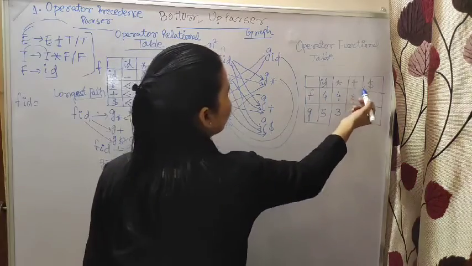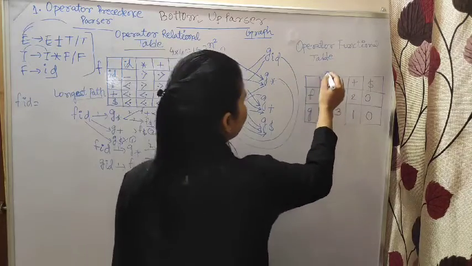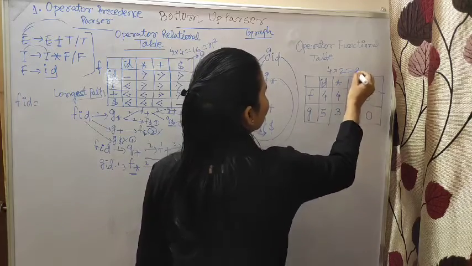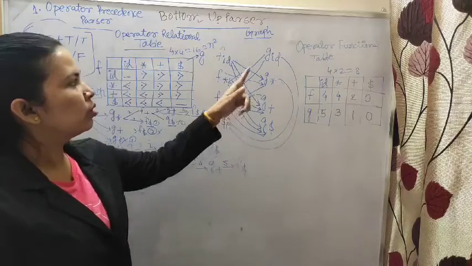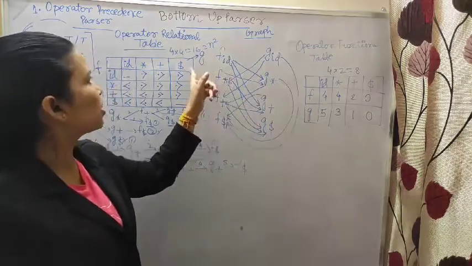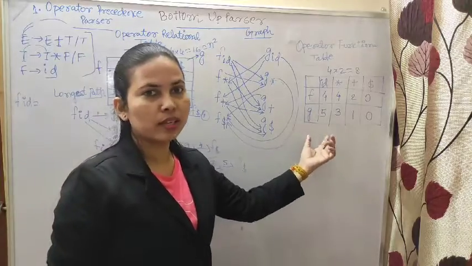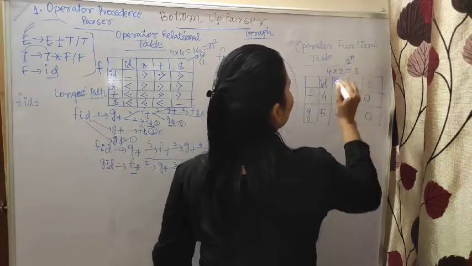But here, column count is 4 and rows are only 2, that means 8. Only 8 cells are required to fill up this data, but there 16 cells are required. So which one is less size? This one.